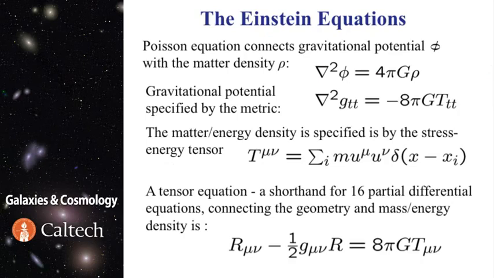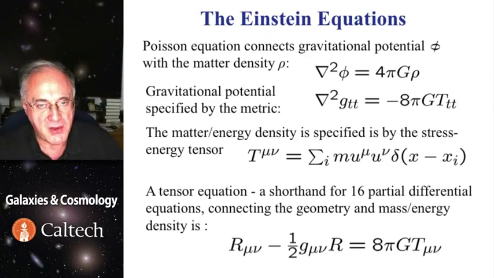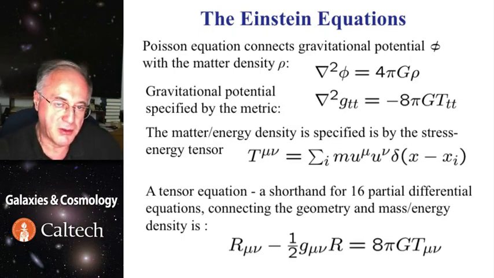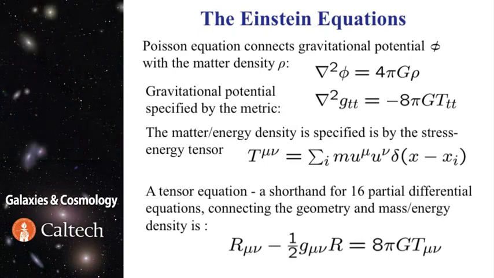So we start first with the Poisson equation, which describes gravitational potential phi as a function of density rho, and this is true in Newtonian physics as well. Now, general relativity says that gravitational potential can also be made equivalent to a geometrical description through the metric tensor. And instead of plain density, there is the so-called matter-energy density tensor.